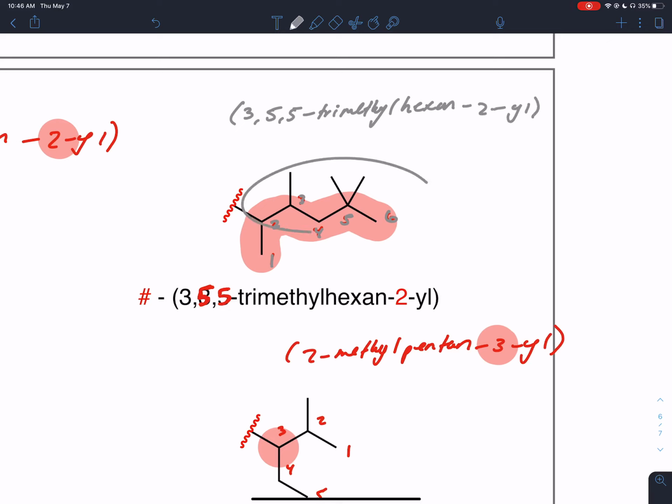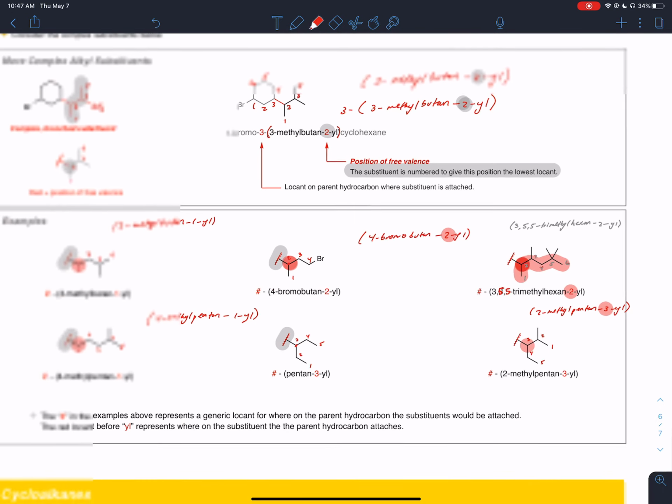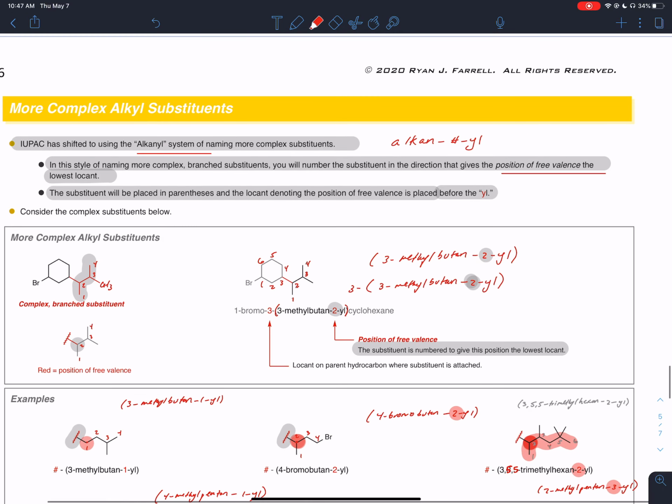Okay, so it's possible that you'll have a number of substituents or branches off of our complex substituent's longest chain. And we will specify that before we specify our complex substituent's longest chain. And again, this number here signifies the position of free valence on our complex substituent's longest chain. All right, so this is the alkanyl style of naming complex substituents. And again, we essentially will number our substituent in the direction that gives the position of free valence the lowest locant.